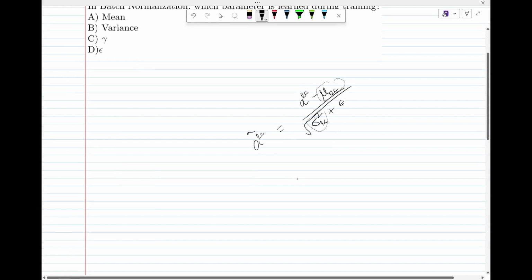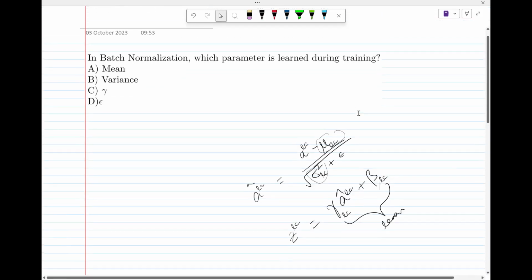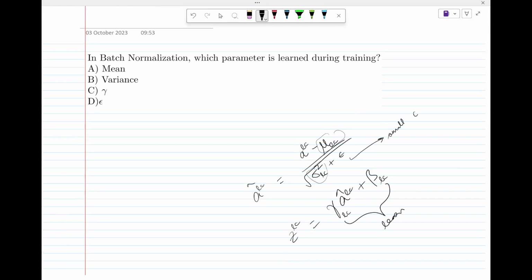While when you translate that data as some z equal to gamma times a hat LC plus beta, these parameters you learn. This will also have LC, as it will be specific to the layer and the channel. While this epsilon is a small positive value to avoid zero division.